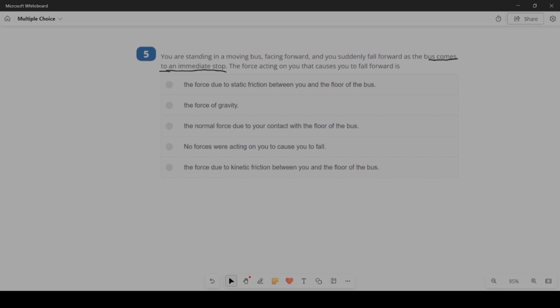Is there something changing about you? Not really. At least they don't tell you. And so since the bus comes to an immediate stop, that means that the bus is accelerating backwards. In the meantime, you are just moving at constant velocity.